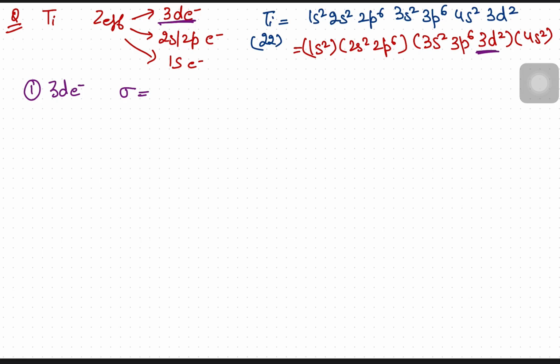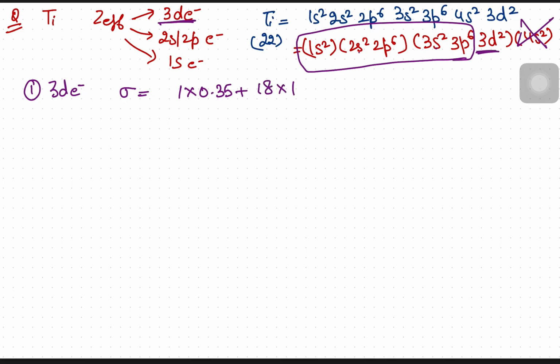For 1 electron we have to calculate, how much remaining? 1 into 0.35. For all the electrons to the left, the contribution is 1, because from the bracket, if we are going to the right, the contribution is 0. Now calculate how many electrons: 6 plus 2 is 8, 8 plus 6 is 14, plus 2 is 16, plus 2 is 18, 18 into 1.